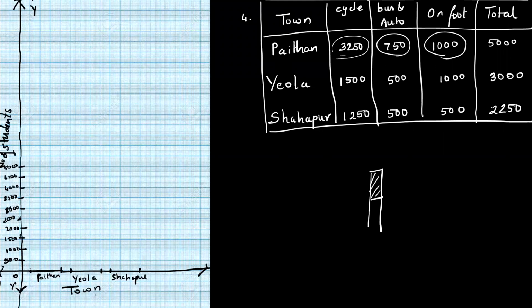Nishita, tell me how much bar should I draw for Pethan? 5,000. So from 5000 I'll draw 2 straight lines and join it. What about Yeola? 3,000. 3000 is coming here. That means I have to draw it till here.